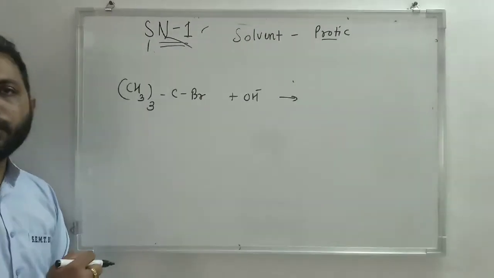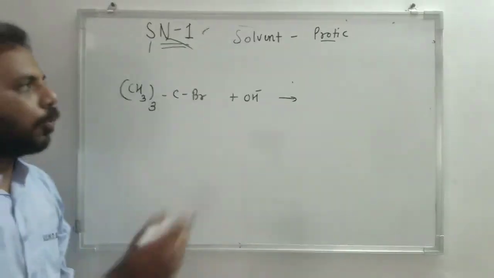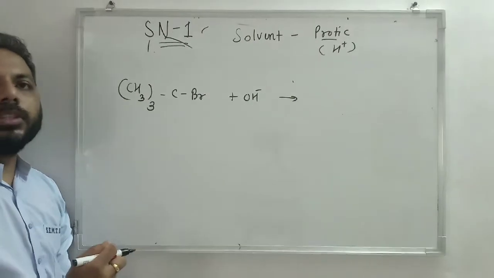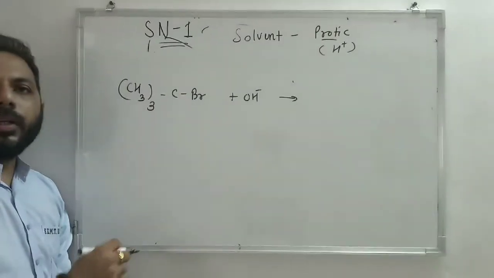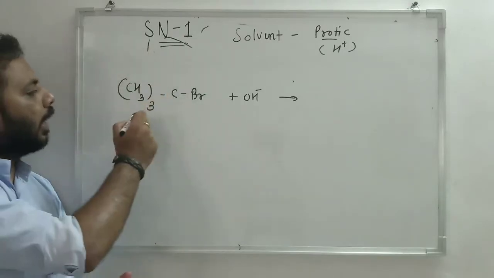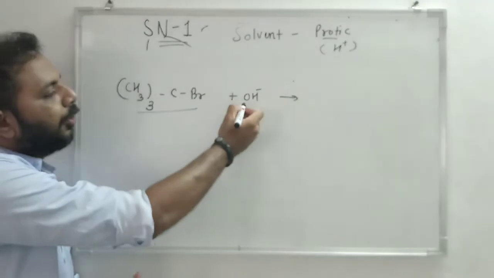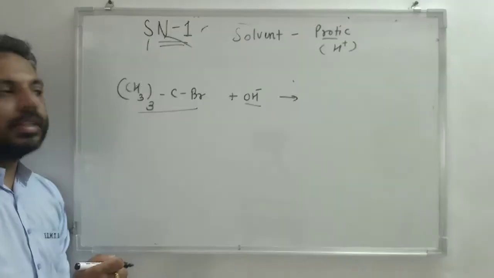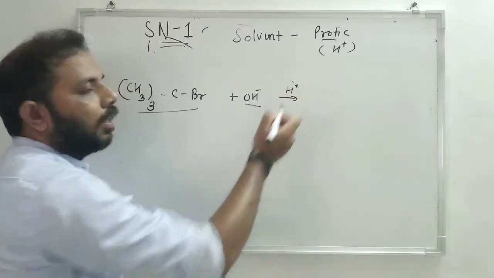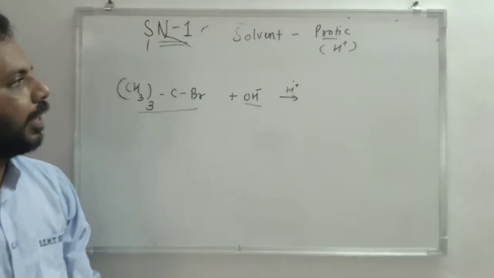So the main condition for this reaction is the solvent should be protic, it should be having H plus, and that H plus is going to be useful for the mechanism of this reaction. Okay, so we have got tertiary haloalkane, we have got nucleophile, OH minus is a nucleophile, in presence of protic solvent, right? So what are the solvents which are used for the SN1 reaction?